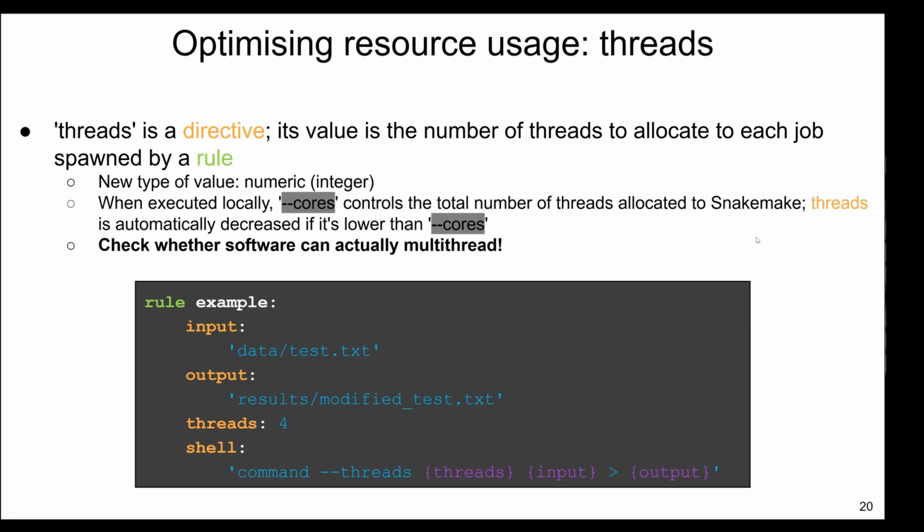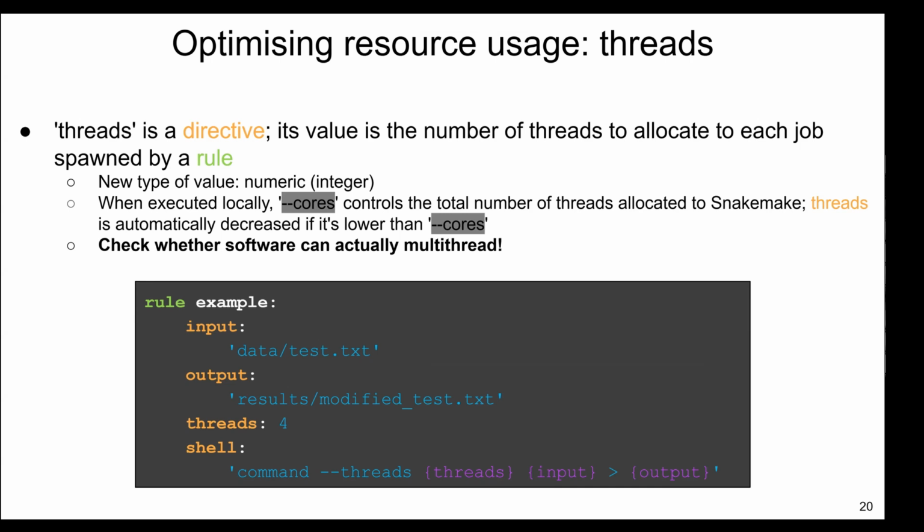Okay, so back to threads. It's a directive. It can take many types of value, but usually what we use most of the time is an integer, and it allows you to allocate a specific number of threads for each job created by a rule.